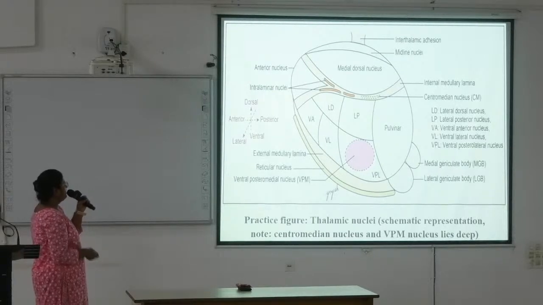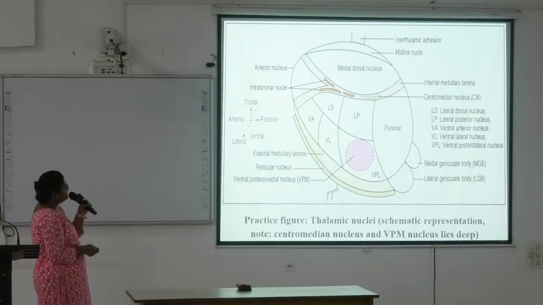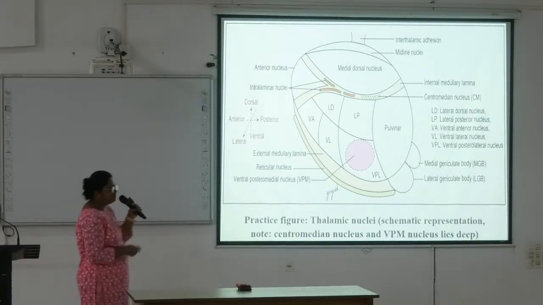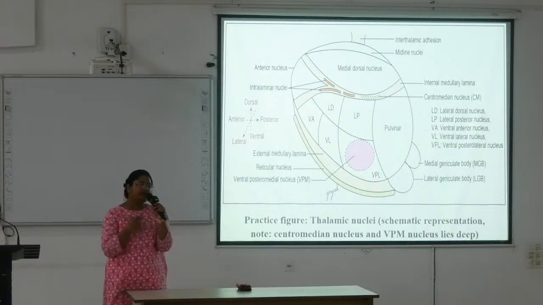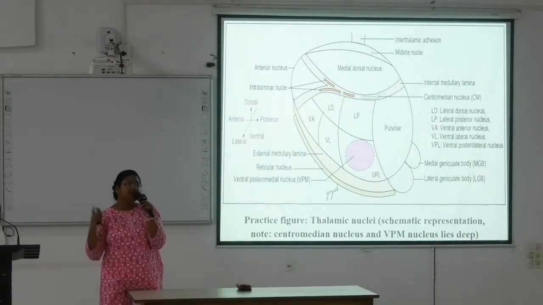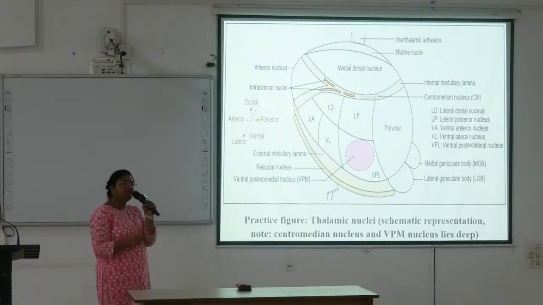And here are the reticular nuclei, lateral to the thalamus, just lateral to the external medullary lamina, and near the posterior end the medial and lateral geniculate bodies are present. So all these are the nuclei. You have seen the location of different nuclei of the thalamus. Practice a schematic diagram like this; if the nuclei of the thalamus comes as a short note, you have to draw a diagram like this.